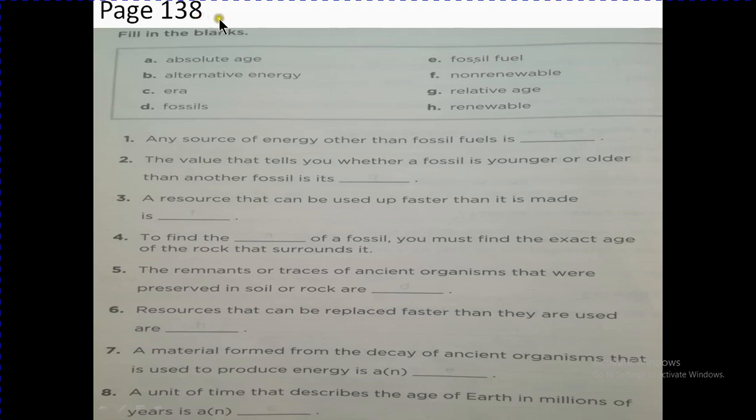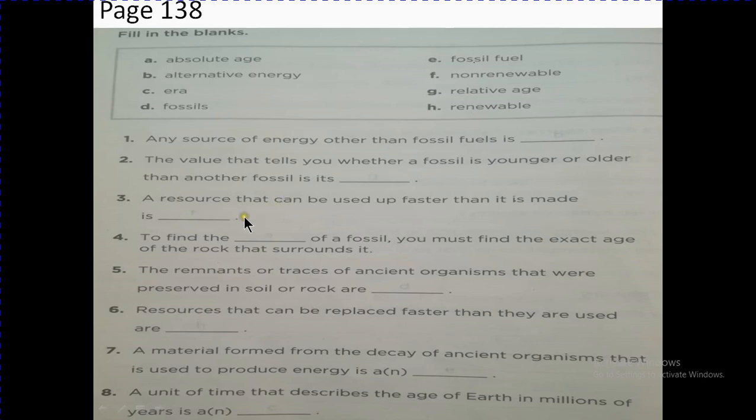Here in the fill in the blanks, fill in the blank with the correct or best option. You have the options here. The first answer is B, alternative energy. Then number 2, the best option is G, relative age.